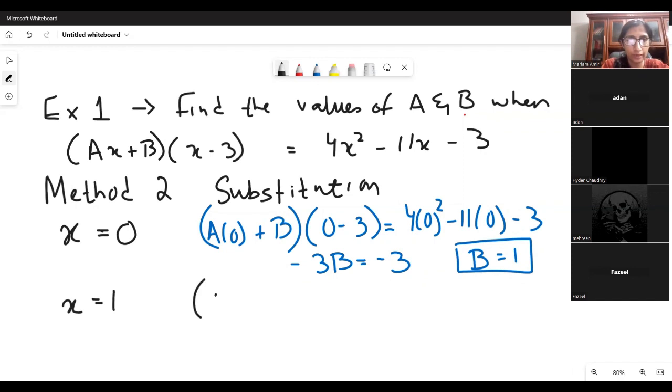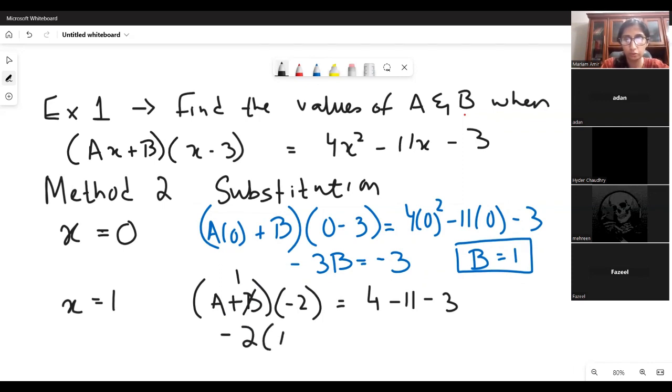So we have a plus b, and then 1 minus 3 would be minus 2, equals 4 minus 11 and then minus 3, and b can be replaced with 1 as well. So now we have minus 2 a plus 1 equals यहाँ क्या आ गया minus 10.